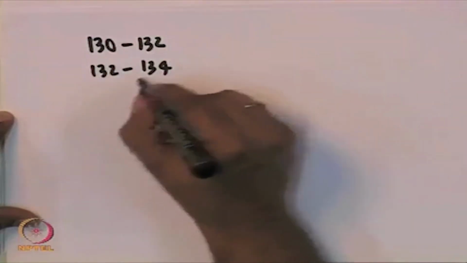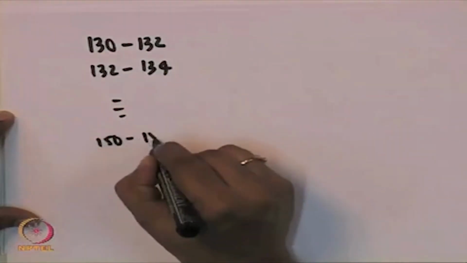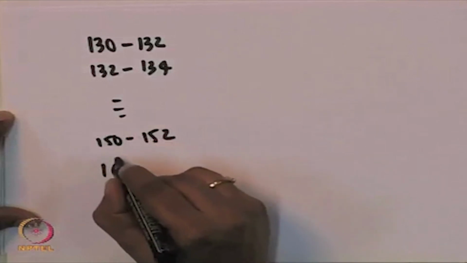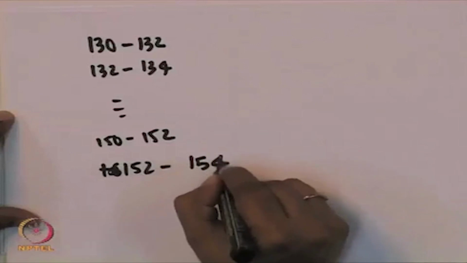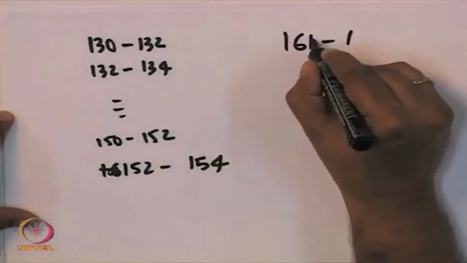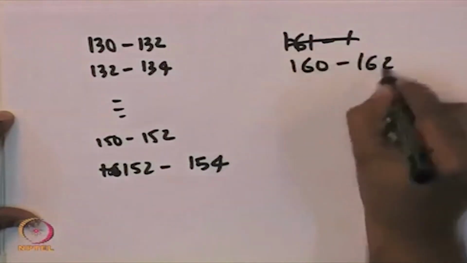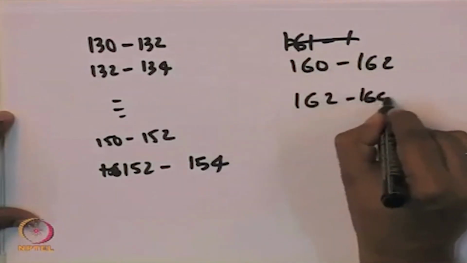We can make this 2 centimeters, and let us say 150 and 152, 152, 154, 160, 162, 162, 164.